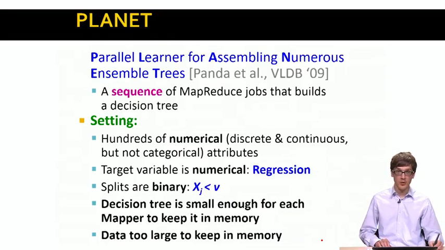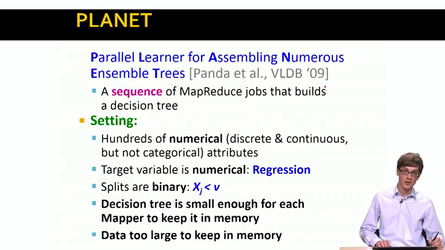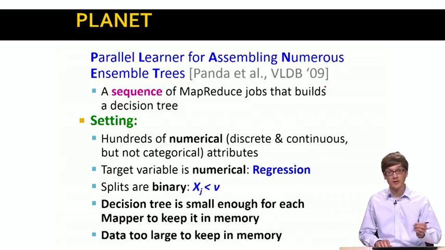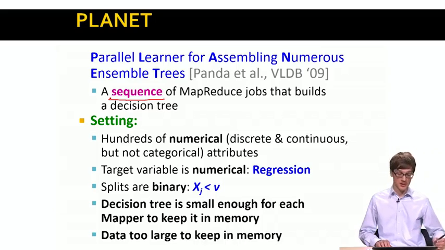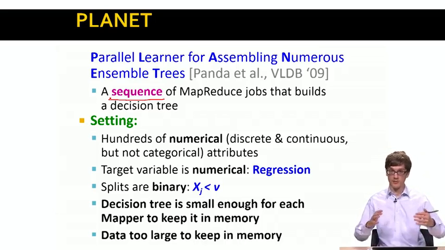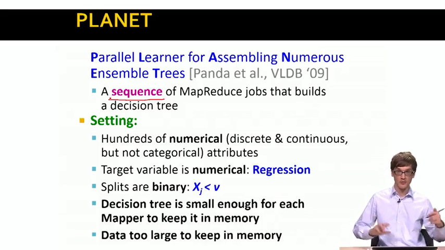So the particular approach we will be looking at is called Planet. This was a research paper published by Google a few years ago, so 3-4 years ago. And what Planet is, it's simply a sequence of MapReduce jobs that builds a decision tree. Our setting in this case is the following. We will focus on a subset of all possible settings.